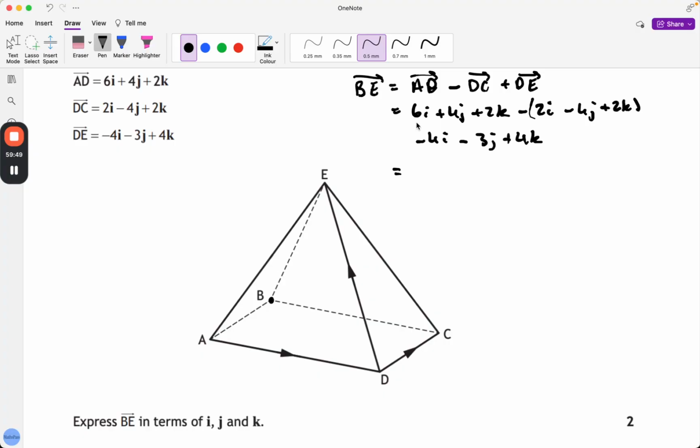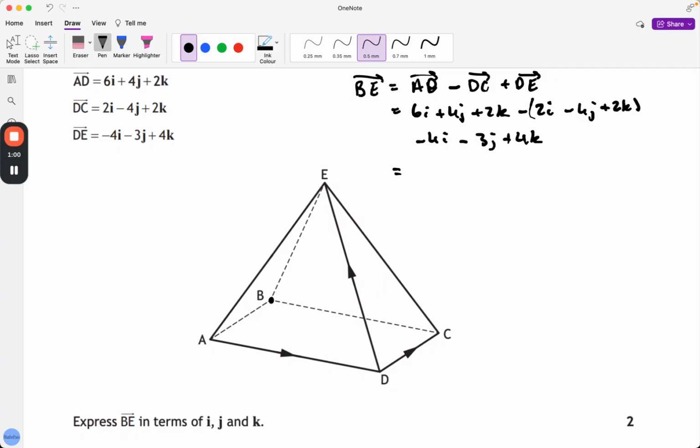From here though, you just want to pull together all your like terms. So we've got 6I minus 2I minus 4I. 6 minus 2 is 4, 4 minus 4 is 0, so we've actually not got a change in I there. Then for your J's, we've got 4J minus minus 4J, so that's plus 4J to get 8J.